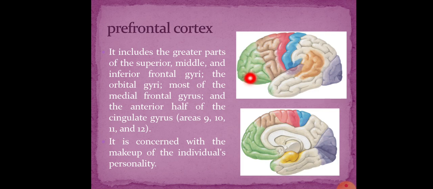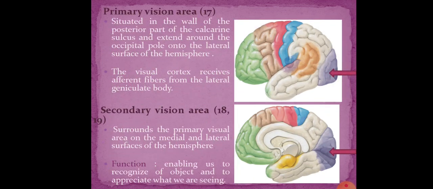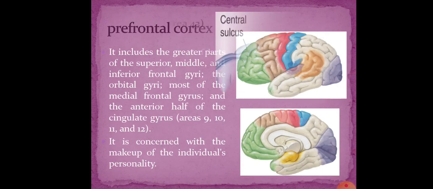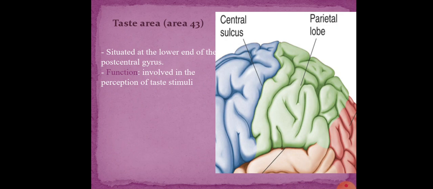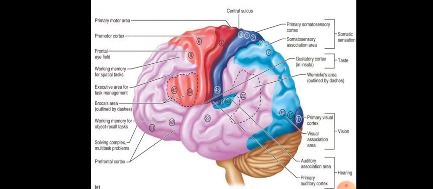And this area is also responsible for socializing, for problem solving, and other functions. The taste area or Brodmann area 43 is located in the inferior part of the postcentral gyrus. So this is the revision of the areas.